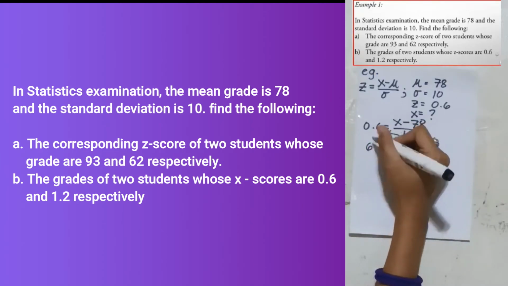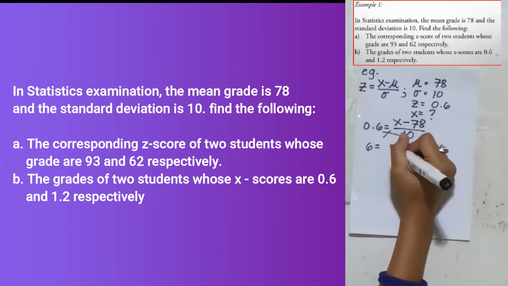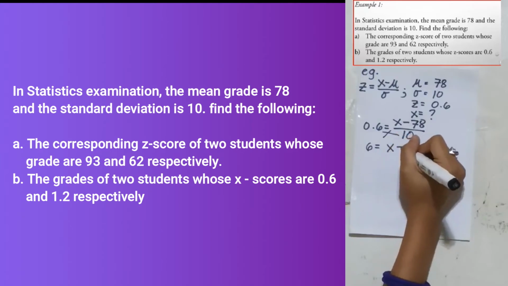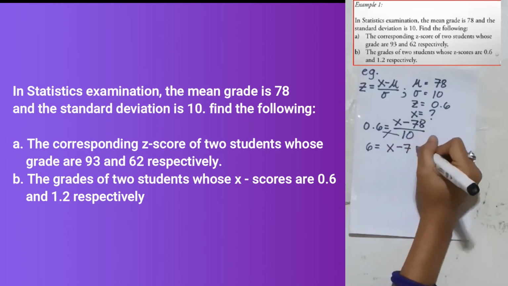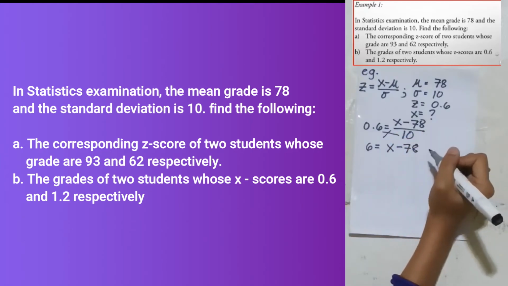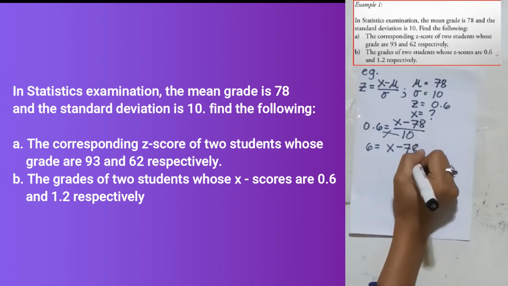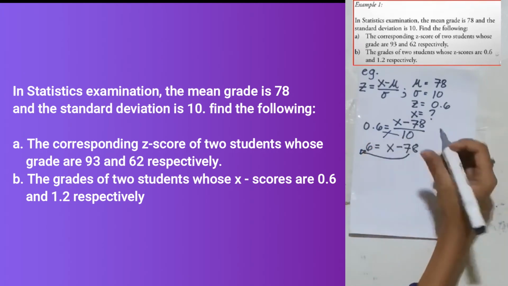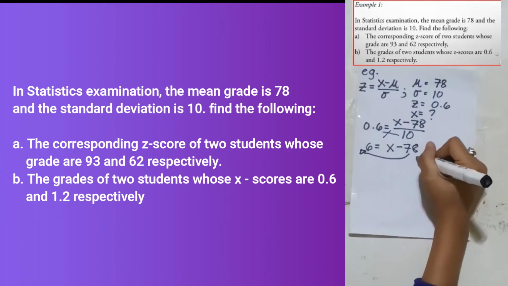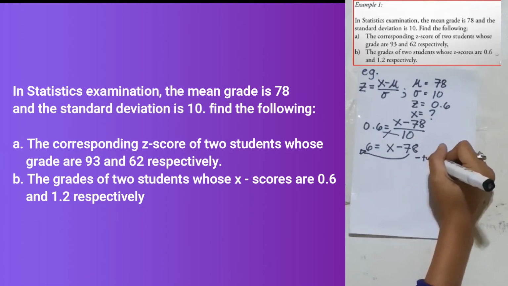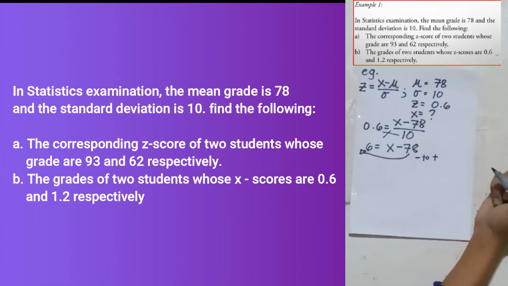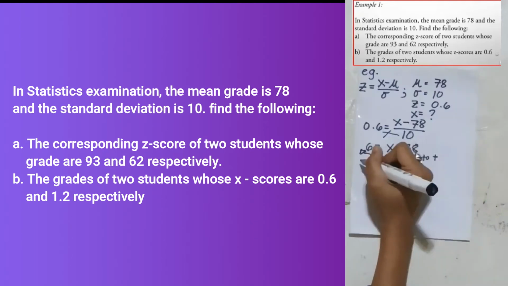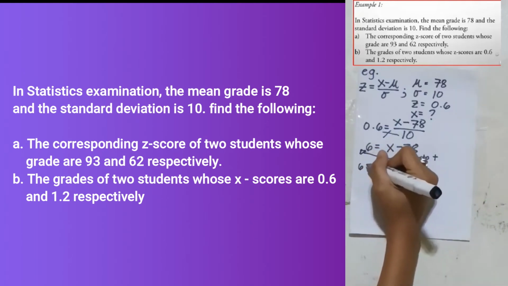Then you need to cross multiply it. So 0.6 times 10 is 6. Then x minus 78. Then transpose. Remember, if we transpose, the sign will change. So from negative 78, it will be changed to positive 78.